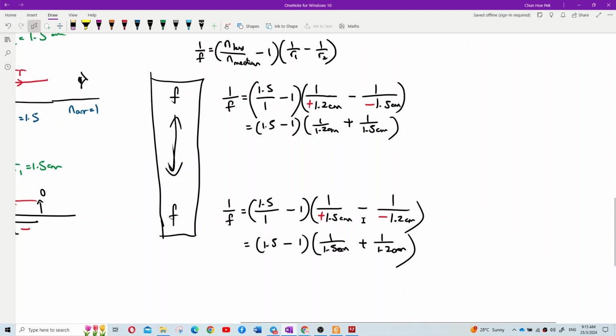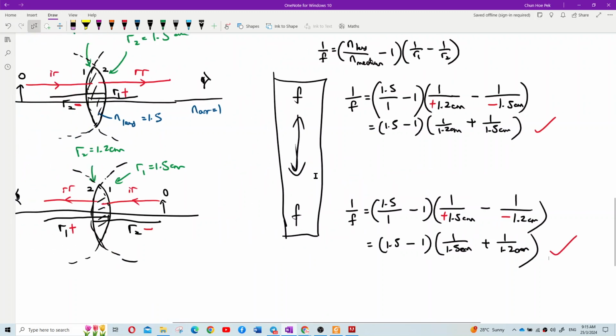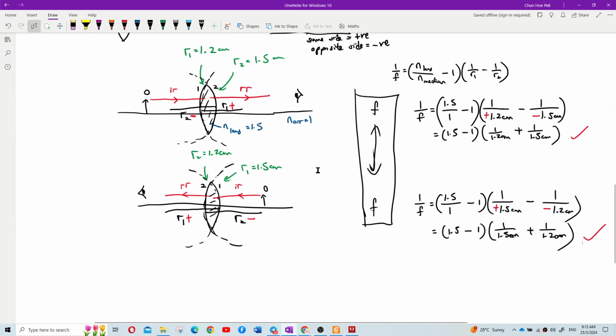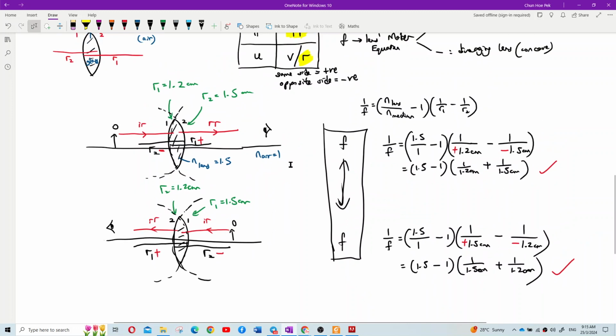Is it the same, class? It's the same. So what I can say is, I taught you how to find the positive and negative sign for the radius and identify which is surface 1 and which is surface 2.